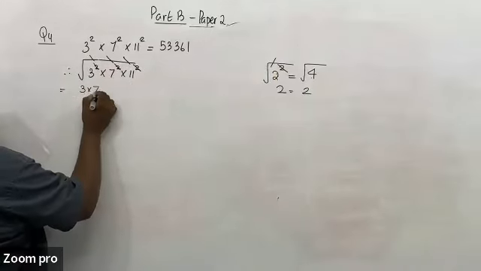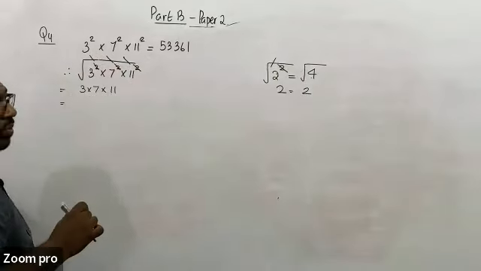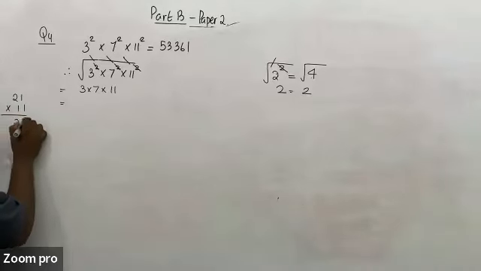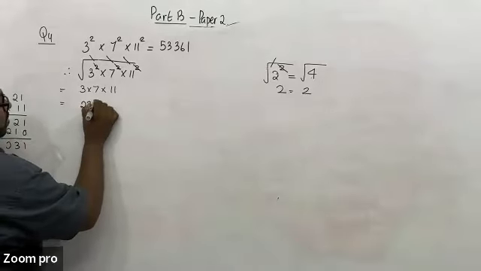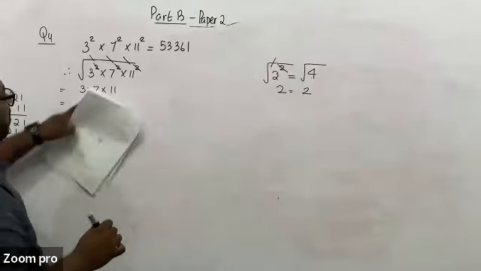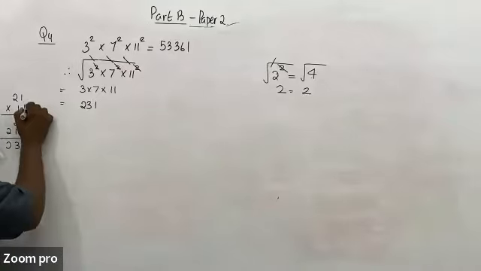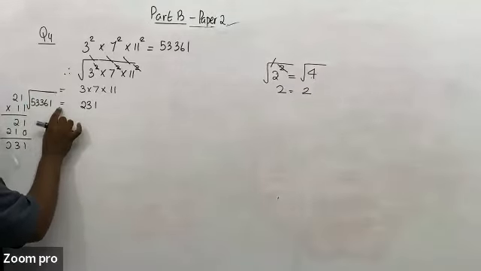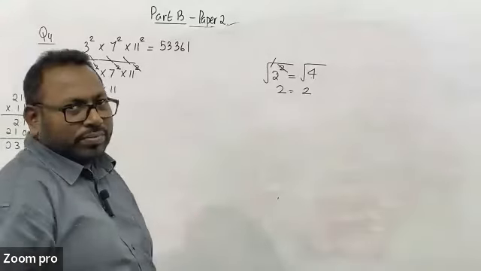So 3 into 7 into 11: 3 into 7 is 21, into 11 is 231. Right? 3 squared into 7 squared into 11 squared is this, so the square root of 53,361 is 231.